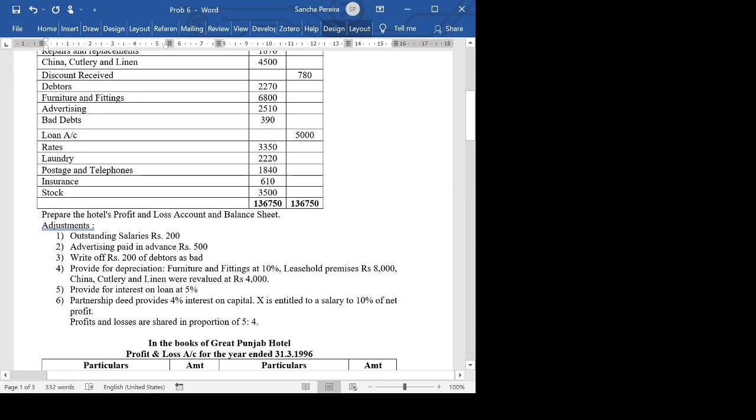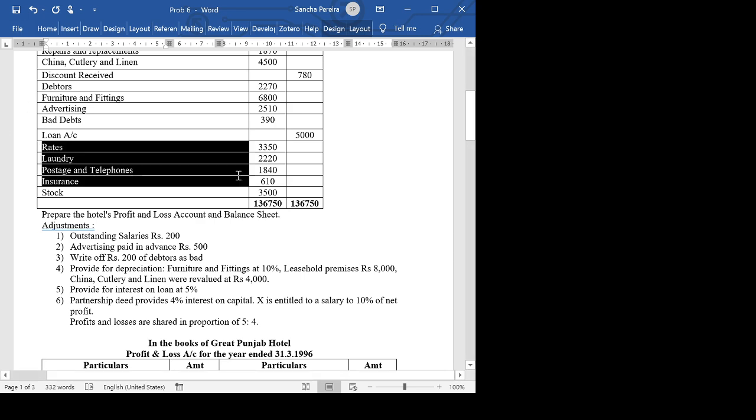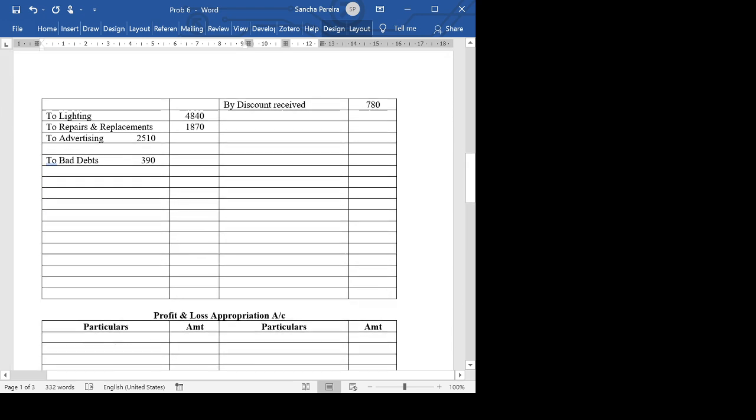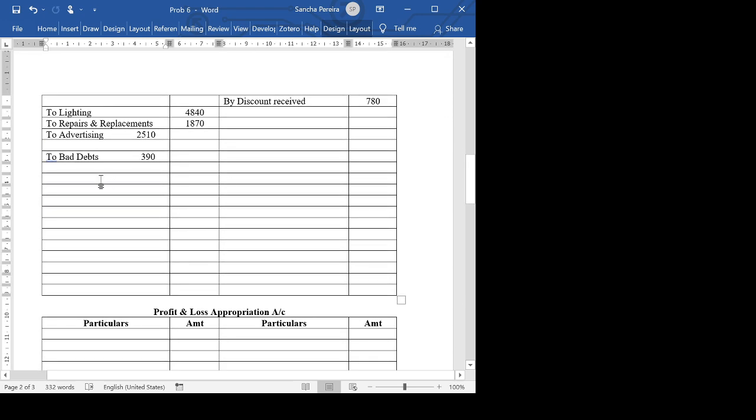Rates 3350. Laundry, postage, and telephone. I think I can just take this and write. To rates, then to laundry 2220, to postage and telephone, and to insurance.